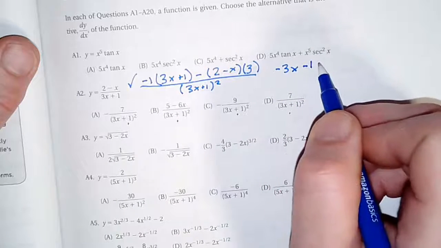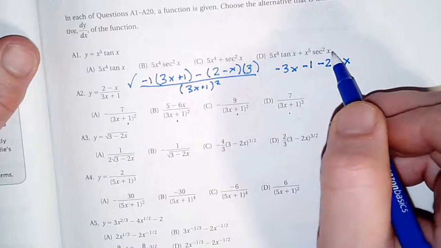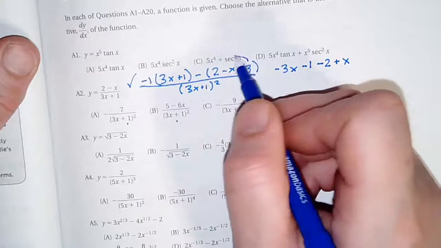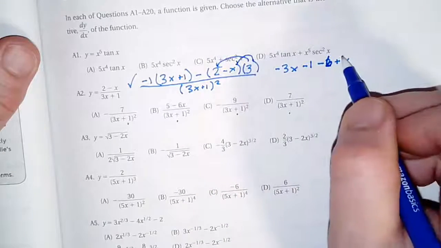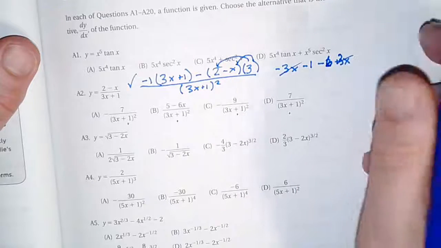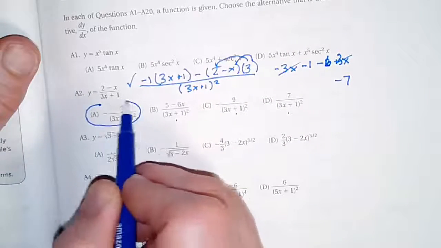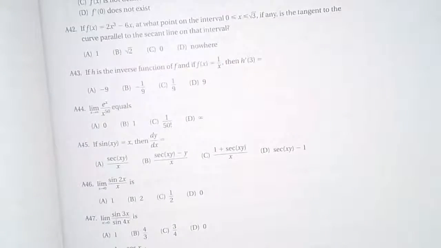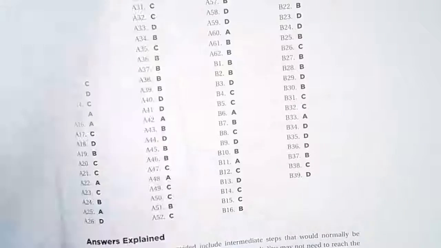Oops, I forgot to multiply the 3 in, didn't I? 3 times 6, negative 6. Positive 3x. The x's cancel out, and I would end up with negative 7 on the top. So I believe the correct choice would be A. Double check. A2 is A, so I do a couple extra steps to find the problem.